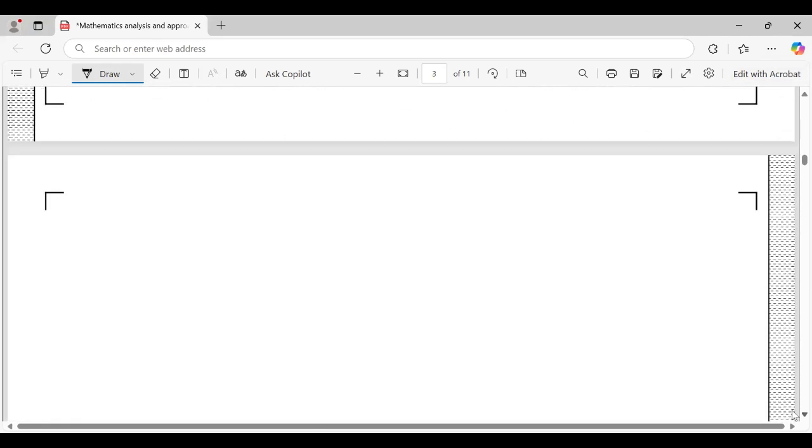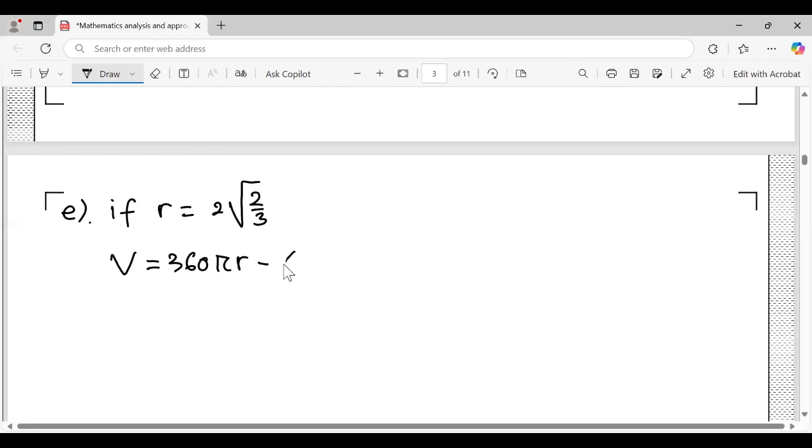Okay, part E. If r equals 2 square root 2/3, we are going to substitute r into the volume formula, 360 pi r minus 45 pi r cubed.